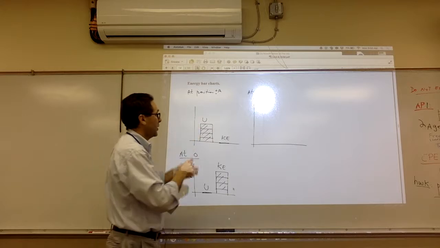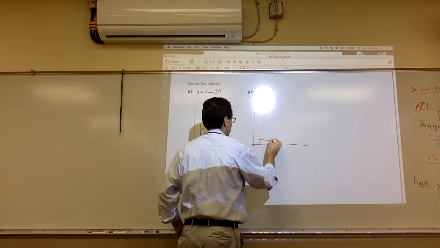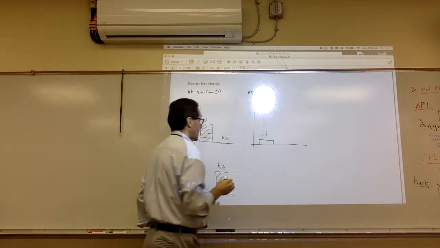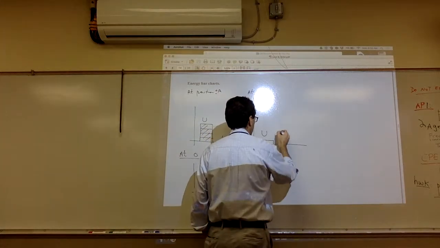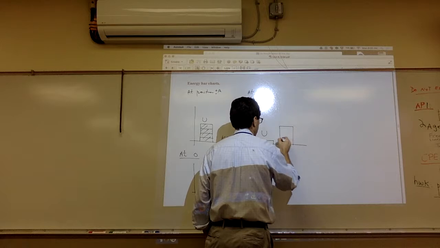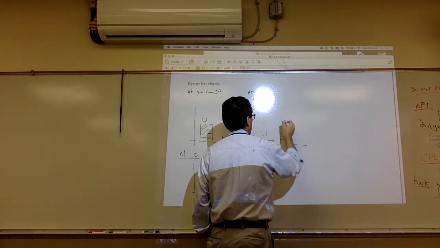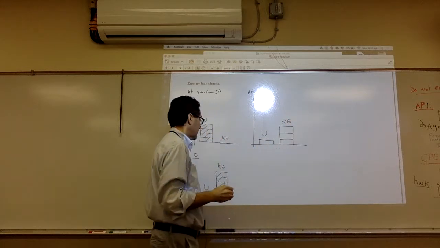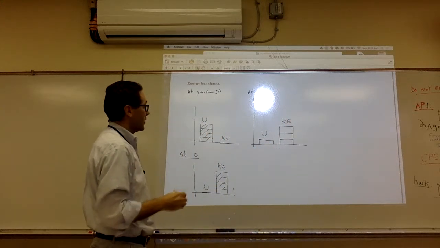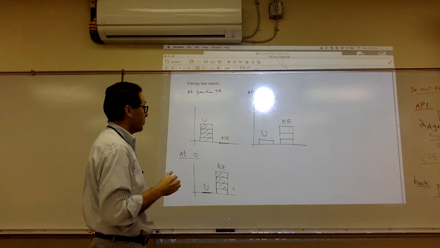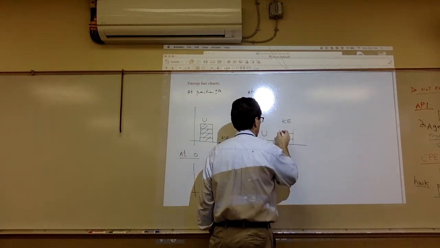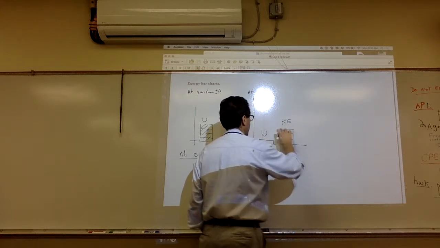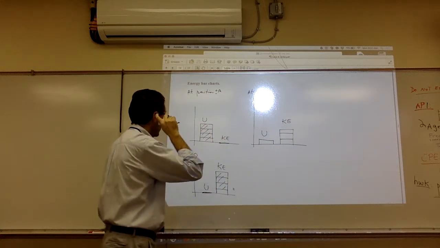So you should only have 1 bar for elastic potential energy, and the other 3 bars should be in the form of kinetic. So this is your kinetic energy. This is not drawn to scale, but you got the idea. In other words, this 3 added to that 1 should equal that height over there.